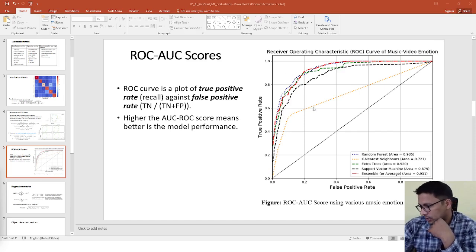The area under this curve is called the ROC AUC score. If the area is larger, we can say that the model is performing well.